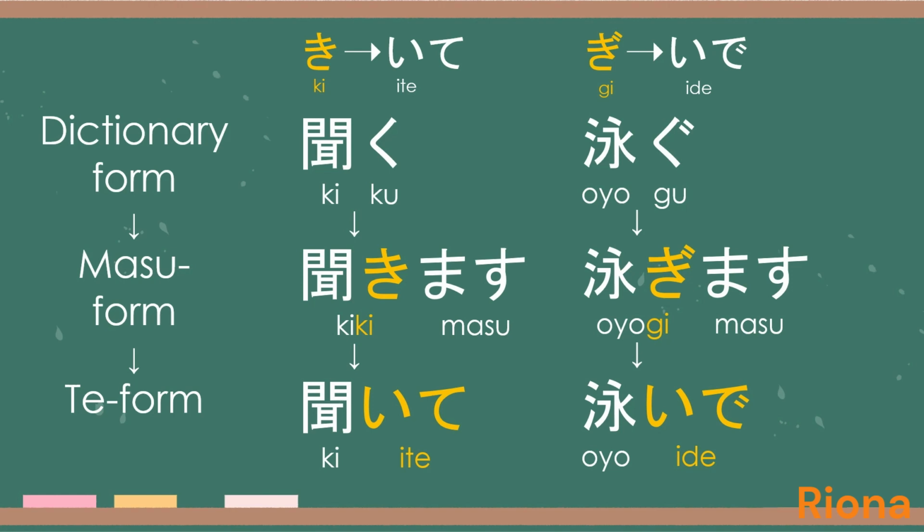And in the case of oyogimasu, which is the mas form of swim, oyogu, the character before mas is gi. So, by changing this gi to ide and removing mas, we can make it te form.